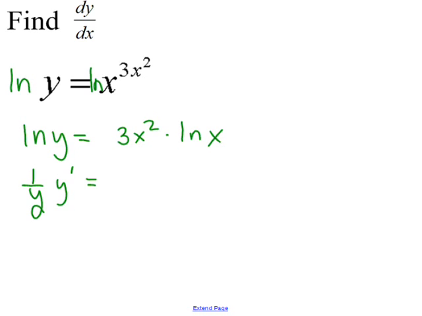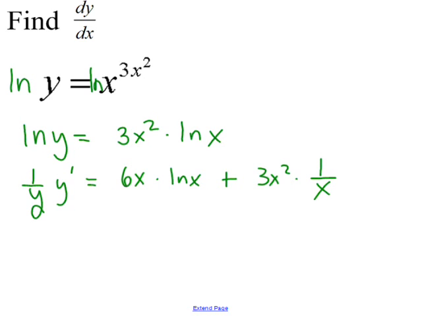This side becomes 6x times ln of x plus 3x squared ln of x. Make sure you're using the product rule, so you take the derivative of one function times the other, plus the first function times the derivative of ln of x, which is 1 over x.